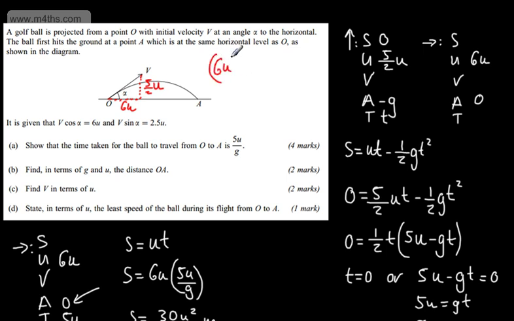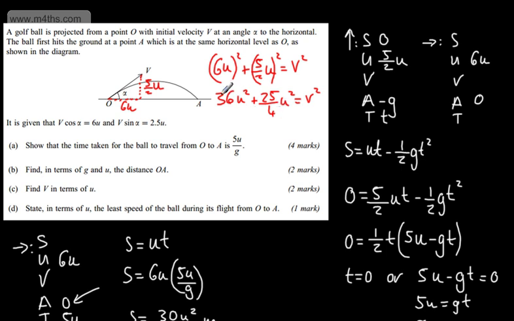So we can say that 6u squared plus 5 over 2u squared must be equal to v squared. So 36u squared, and then we're going to have plus, so let's add this one up. That's going to be 25 over 4u squared is equal to v squared.